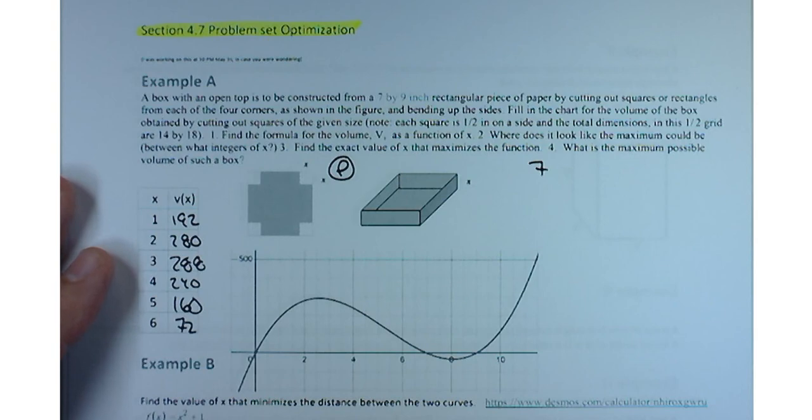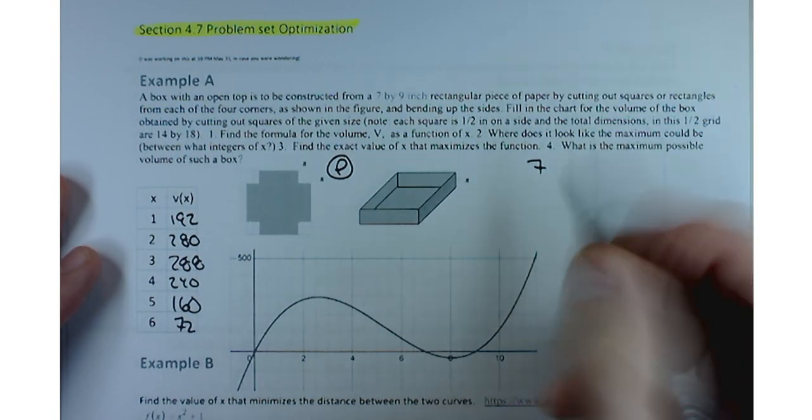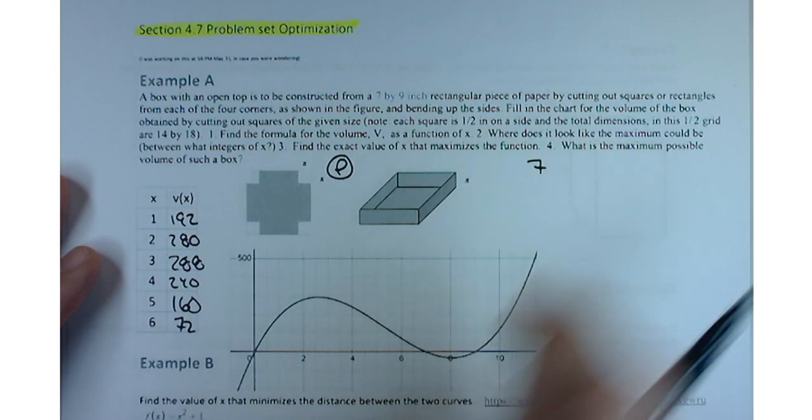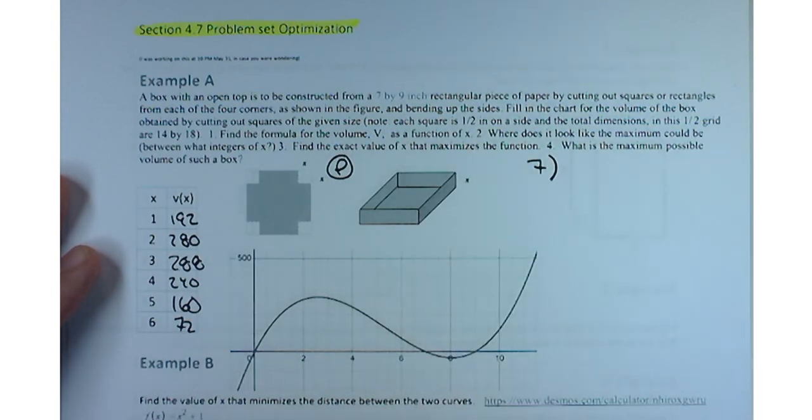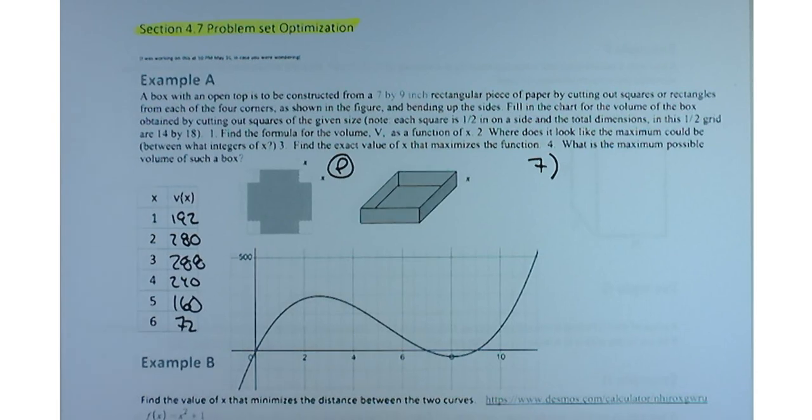Now, does it make sense for me to cut out exactly 7? Or can I cut out as much as I want close to 7? Well, if I cut out exactly 7, then I'm not going to have anything left. So I'm going to put a parenthesis around that. And on the other hand, what's the least that I could cut out?